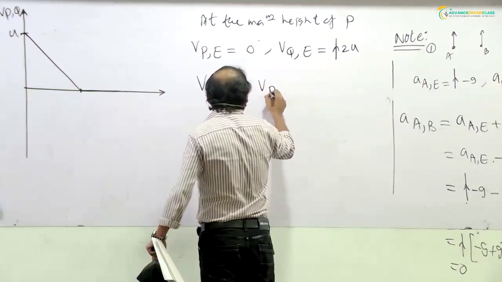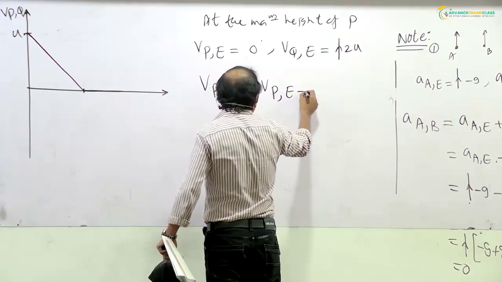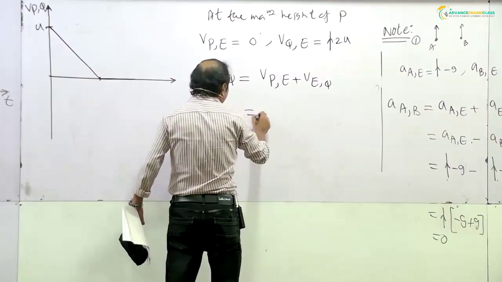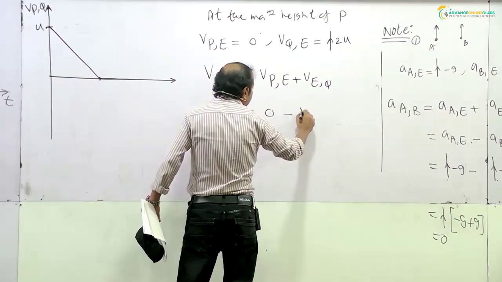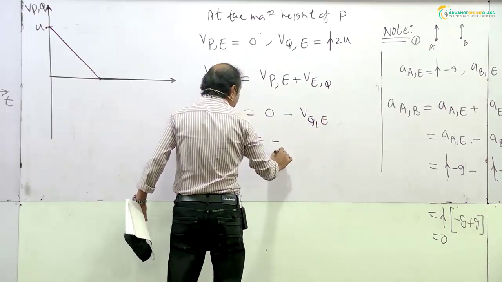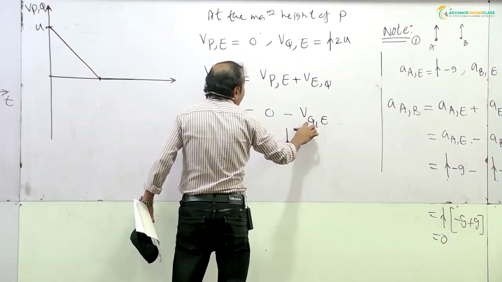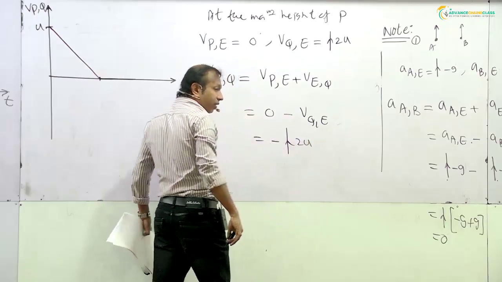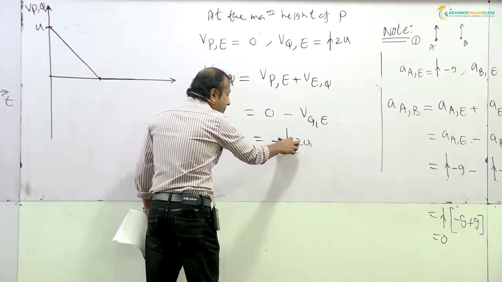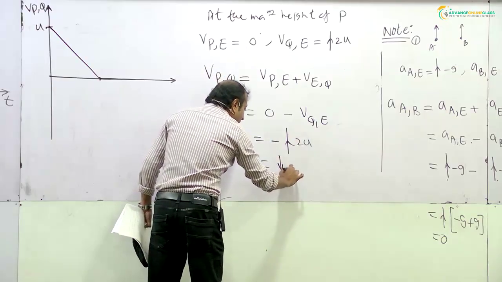Apply the principle of relative velocity: V_PE plus V_EQ. Make it 0. Move to the other side: Q relative to E, minus this way. Minus upward means downward.